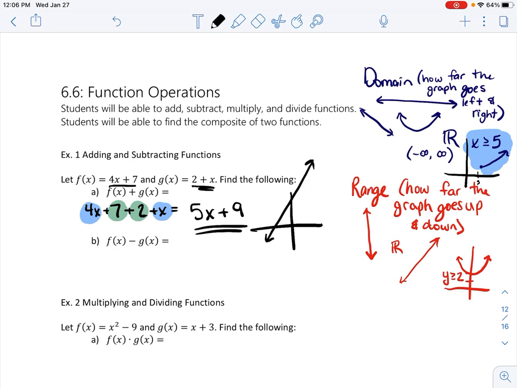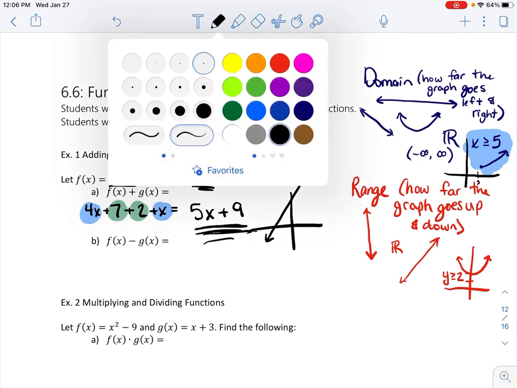It would keep continuing on in the x positive direction forever. So this one would just be all real numbers here. If we were asked the range, that's how far the graph goes up and down. Notice all linears have all real numbers. Then you would say all real numbers, or negative infinity to positive infinity, things like that. That'll come more into play in just a little bit.